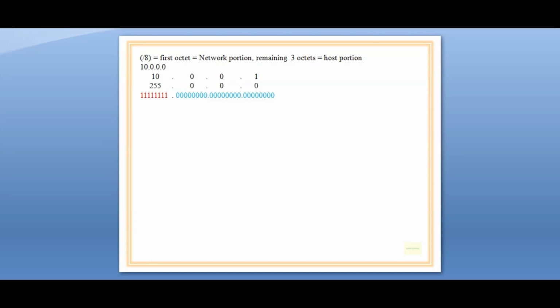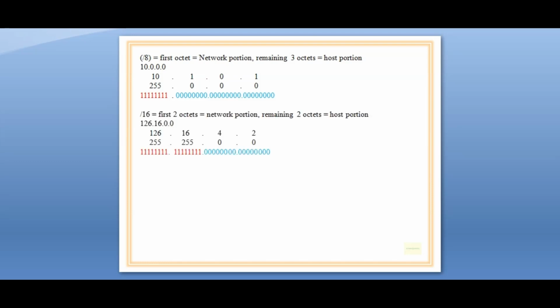Here you can see the red portion highlights the network part of the address, which will stay the same throughout, and the blue part indicating the host portion will keep changing. For example, we will get 10.0.0.1 or 10.1.0.1, etc. By this, we can also say that the network is 10.0.0.0. For /8, the subnet mask is 255.0.0.0, and it looks like this when you represent it in binary.